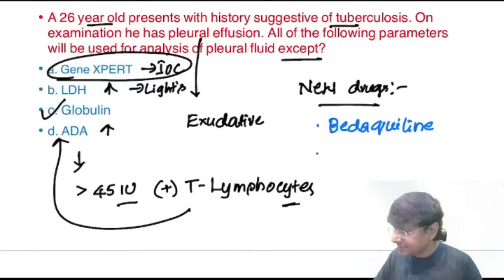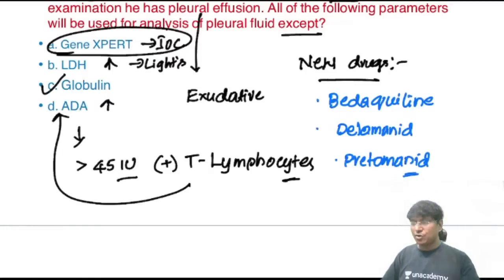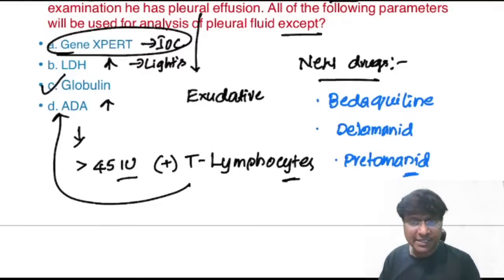Then the other one is delamanid. One more drug is pretomanid. Okay, these are the new drugs for tuberculosis infection.